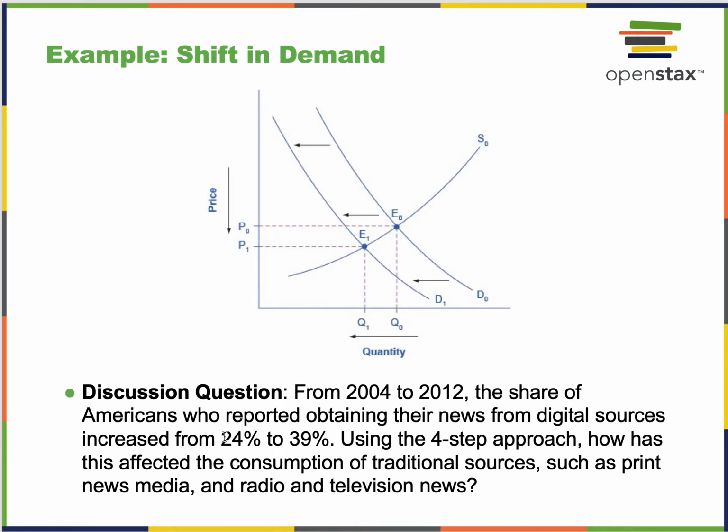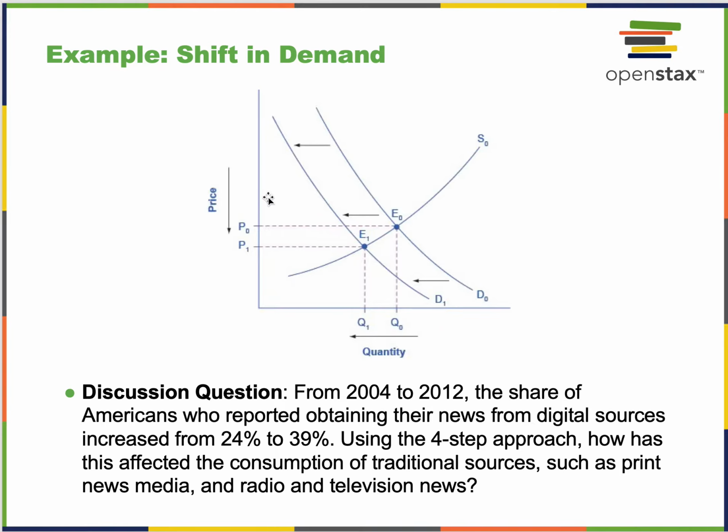On the other hand, this is from 2004 to 2012, the share of Americans who reported obtaining their news from digital sources rather than from paper news sources or regular old TV, but more digital, like handheld devices and websites and such. The supply for news increased. The number of people who reported obtaining their news that way increased. So what has happened?